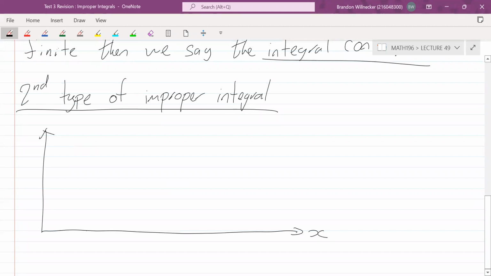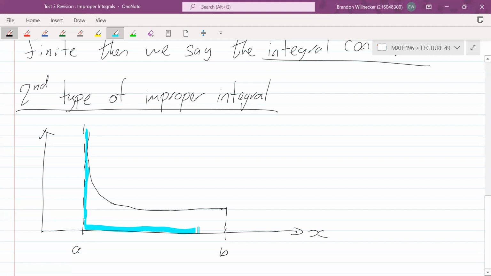We've got our interval a to b, and let's say there is a discontinuity at a. Maybe the function goes off to infinity, like that, but then it remains finite going up to b. Here we've got ourselves a vertical asymptote at A, but maybe the area is still finite if we take the limit.